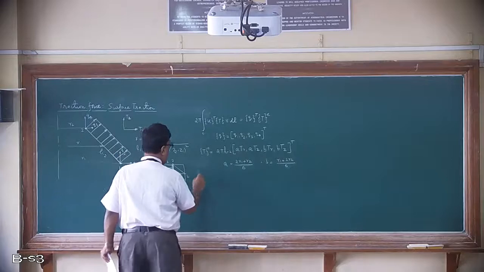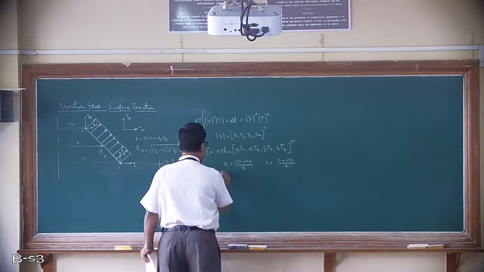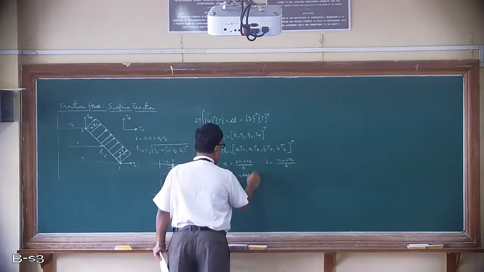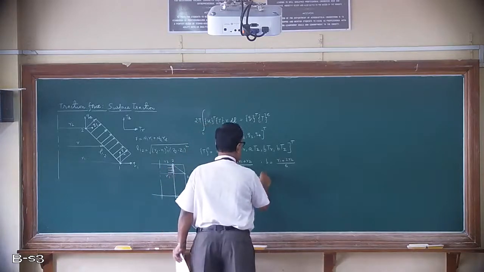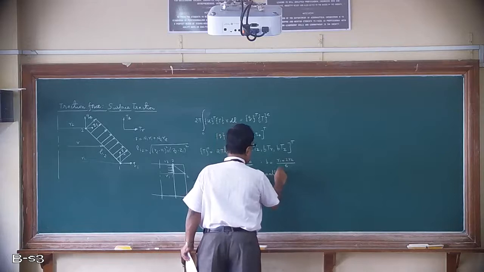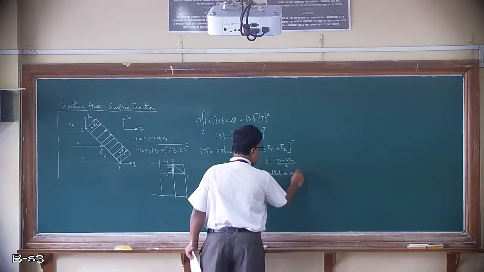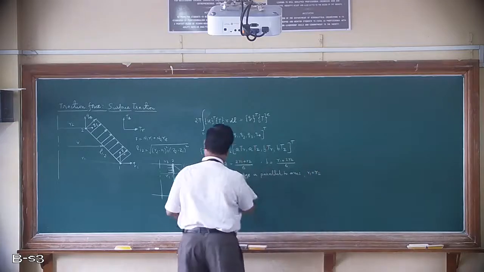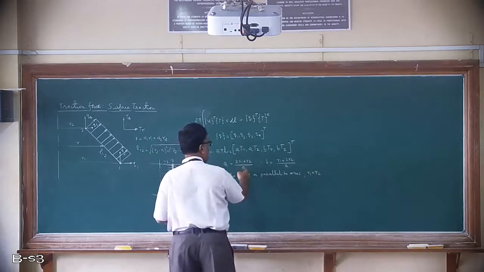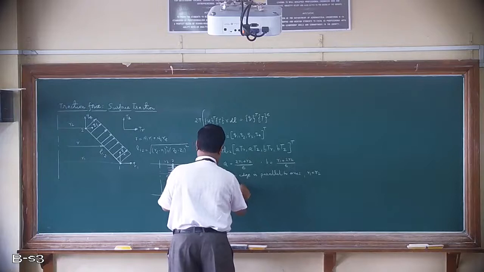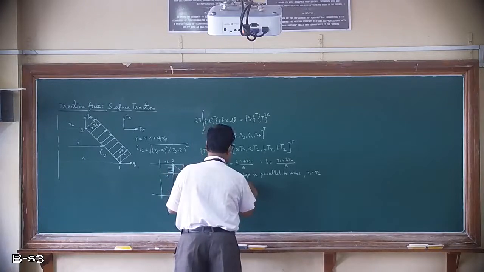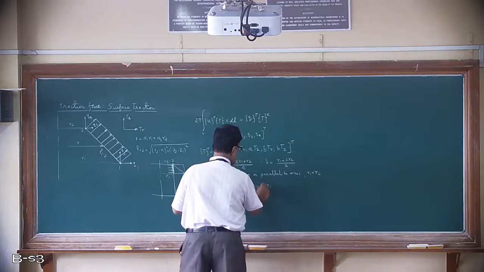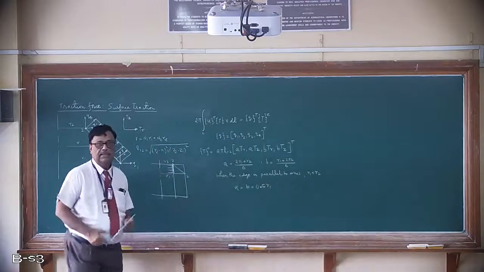So when the edge is parallel to the axis, R1 is equal to R2, correct? So if I put it here, what happens? 3R1 upon 6. So A and B both will become 0.5 R1.